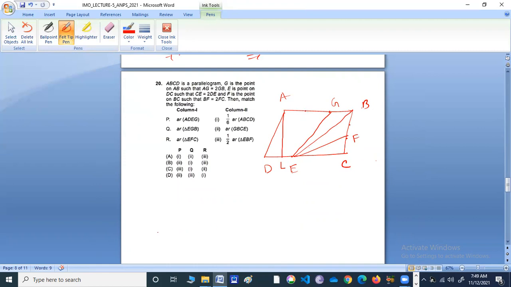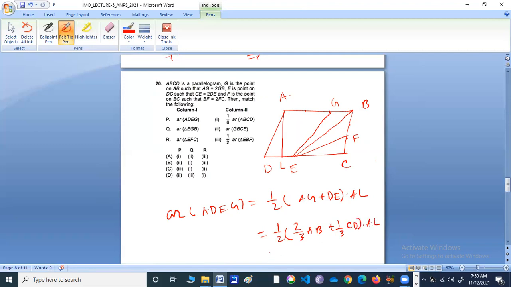So what we have: area of ADEG is equal to half into AG plus DE into AL. This is 2/3 AB plus 1/3 CD into AL.